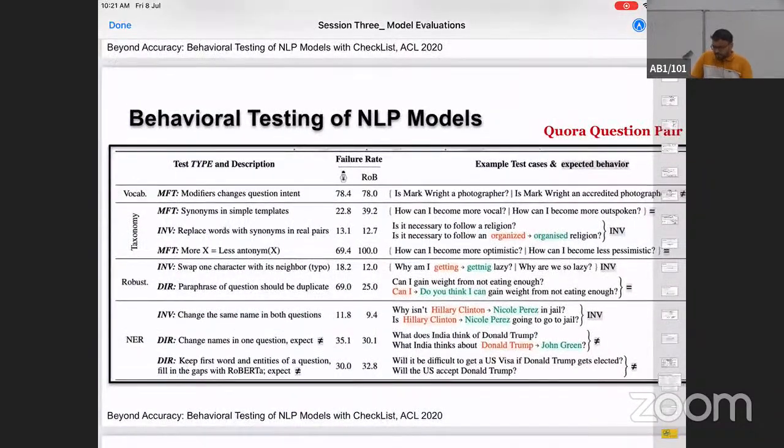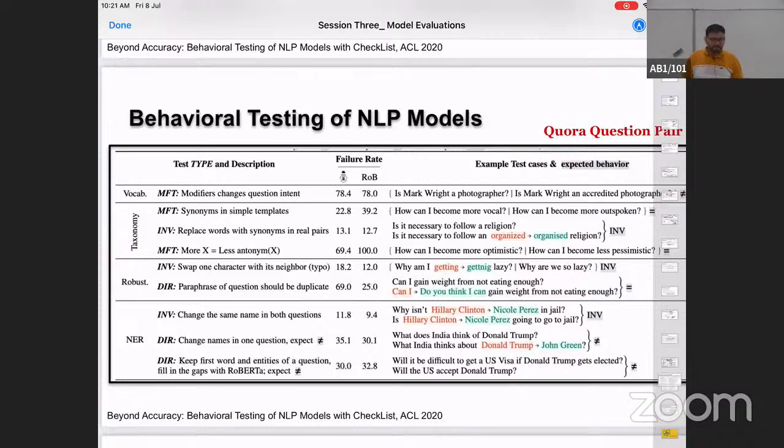They also experimented with this Quora question pair data set, right? I explained this Quora question pair data set. So given a pair of questions that have come from Quora, the model has to predict whether they are same or not, right? By same, I mean similar or not.